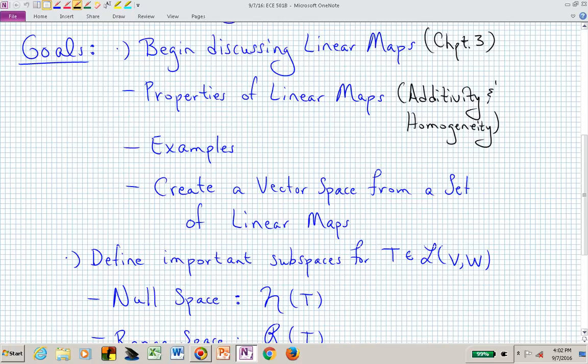Then you can actually create a vector space of linear maps. The concept of a vector space can be very generic or abstract, and now you could take this set of linear maps, and that becomes a vector space.